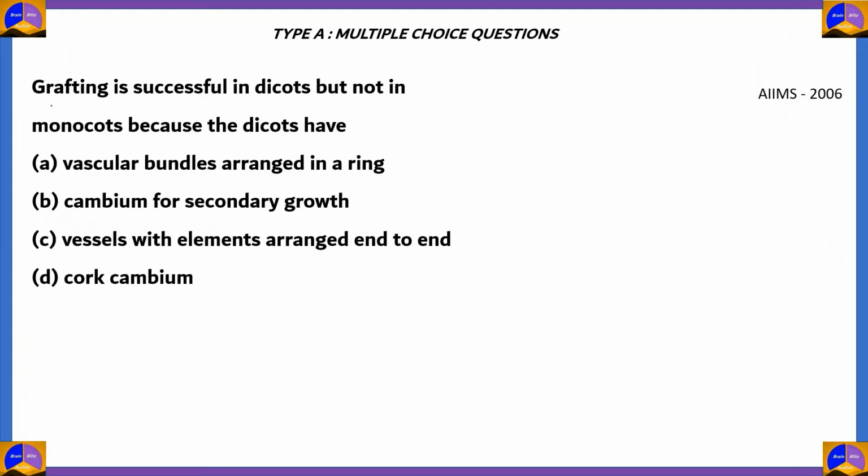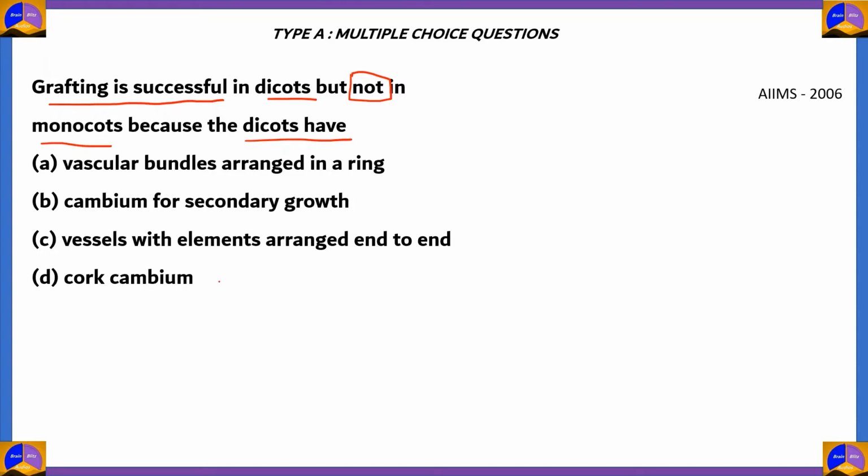Let's look at this question. Grafting is successful in dicots, but not in monocots because the dicots have A, vascular bundles arranged in a ring, B, cambium for secondary growth, C, vessels with elements arranged end to end, and D, cork cambium. Let's look at each of our options.